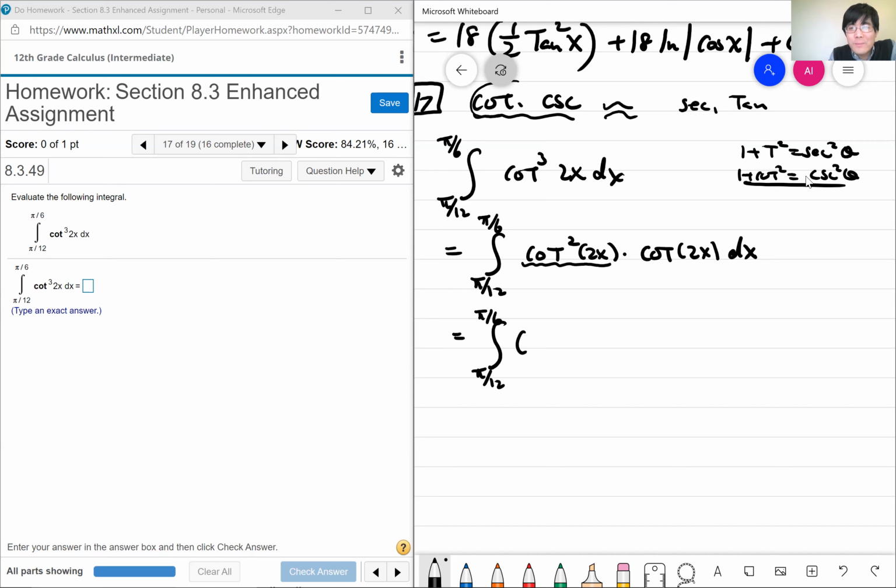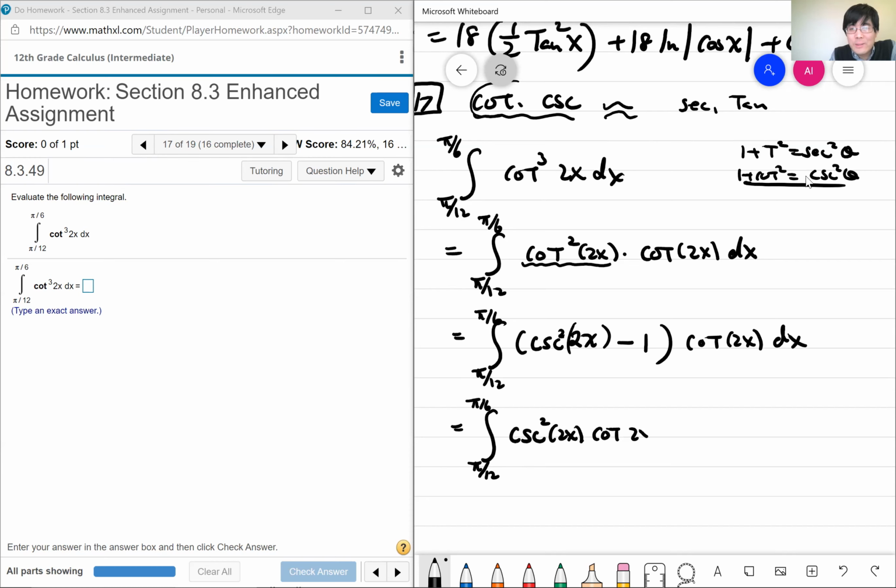So this is cosecant square 2x minus 1 times cotangent 2x dx. So this is going to become cosecant square of 2x times cotangent 2x dx minus the second part, which will be just cotangent 2x dx.